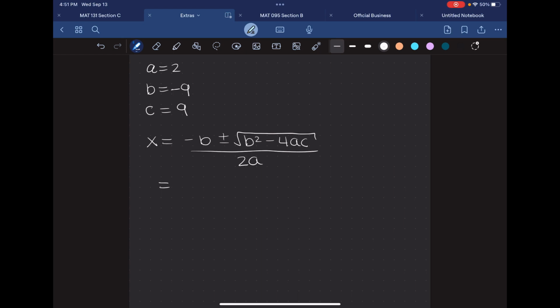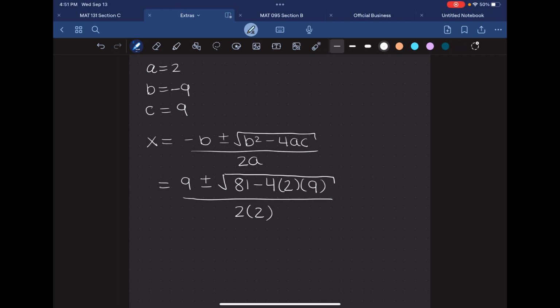So we've got negative 9 gives me a positive 9, plus or minus negative 9 squared gives me an 81, minus 4. I've got my a is 2, and my c is 9. And then I'm dividing by 2 times my a, which is 2.